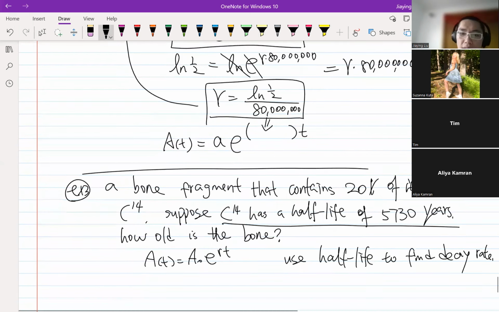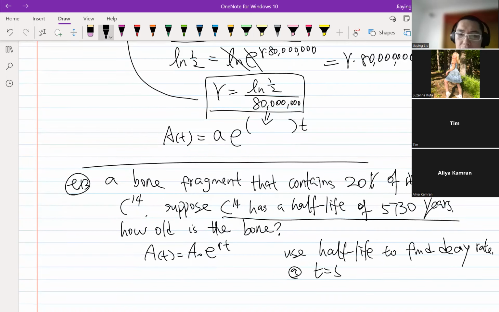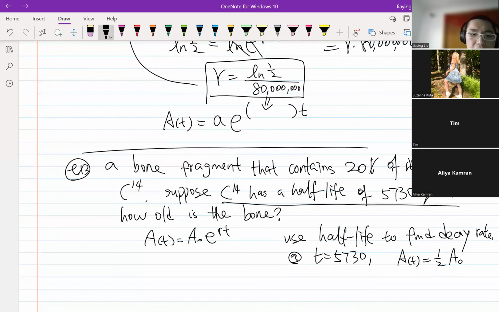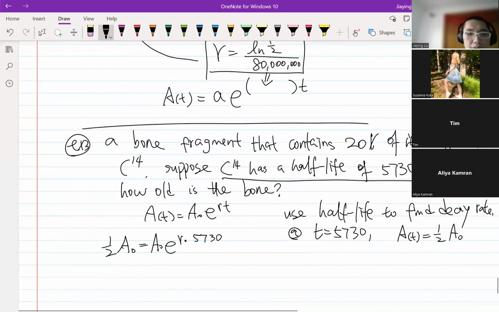So I know that at t equals 5,730, the half-life, the amount A of t is going to be half of what we begin with, A0. So take that expression and put it into this function. We get half A0 equals A0 e to the r times 5,730. Now we divide by A0.